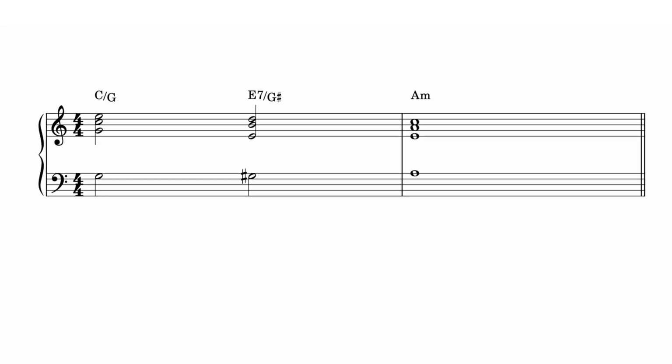Here's a progression that takes on a gospel flavor when you use slash chords. And so the slash chords there indicate a chromatic bass line. So using these chord inversions indicated by slash chords, you create these smooth bass lines.